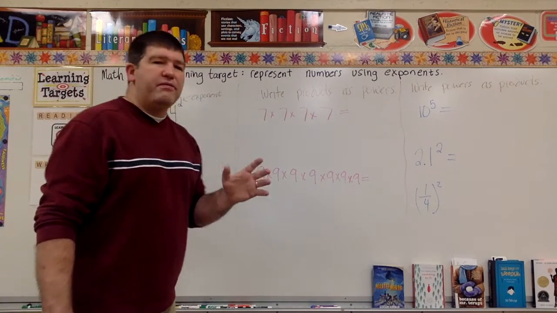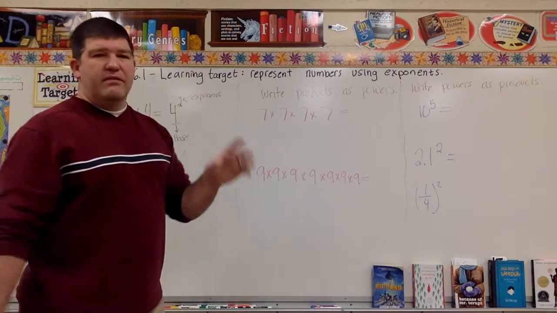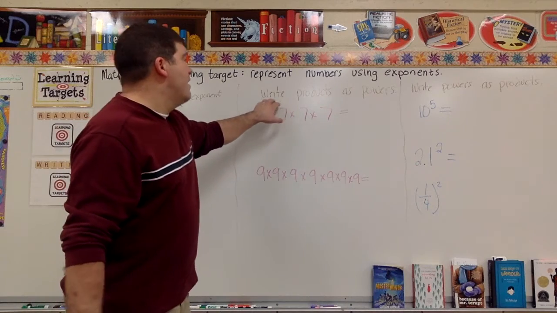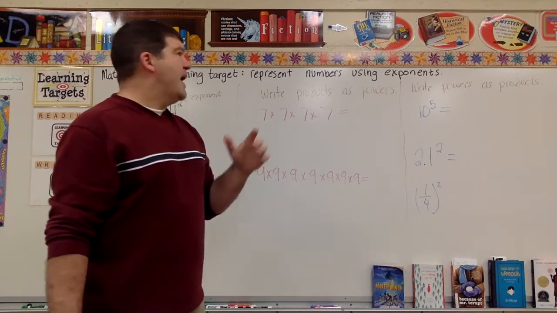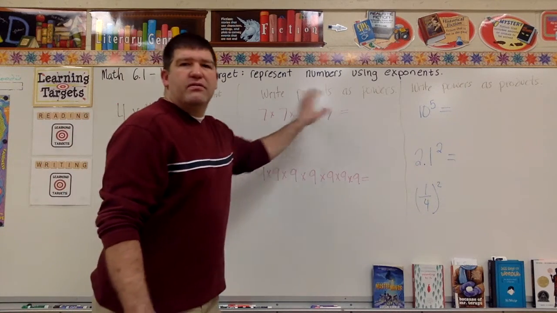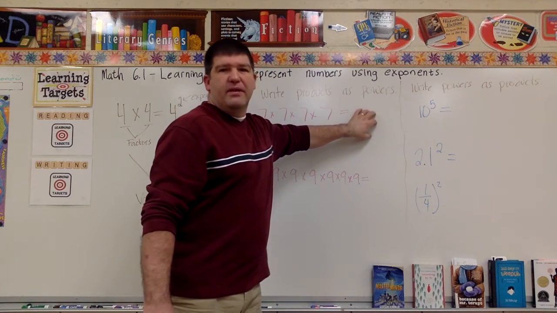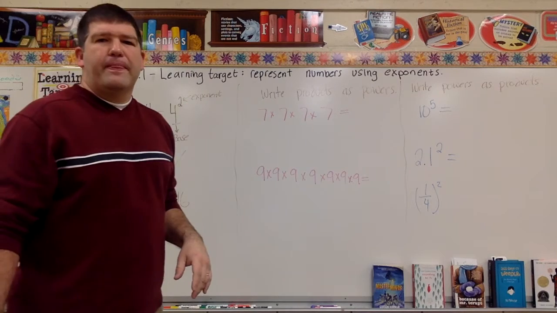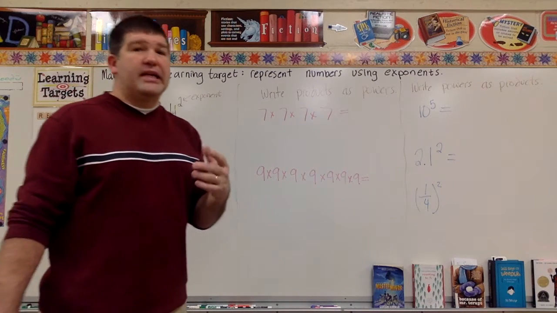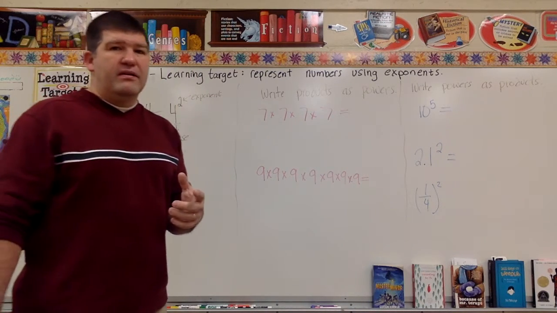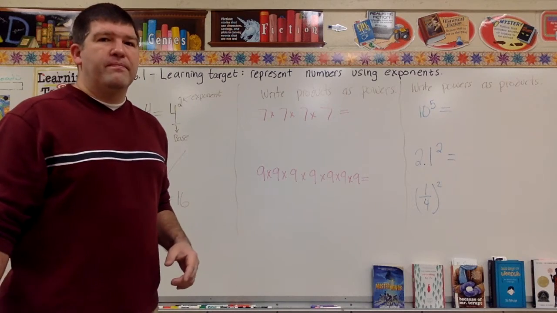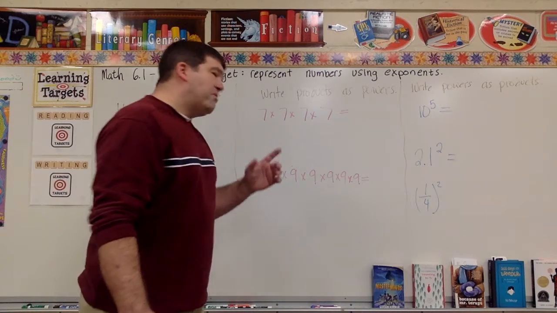Okay? Now, the first thing we're going to talk about is writing products as powers. So all of these are the factors. I'm not going to necessarily get the value of it, even though I could. And maybe I will.